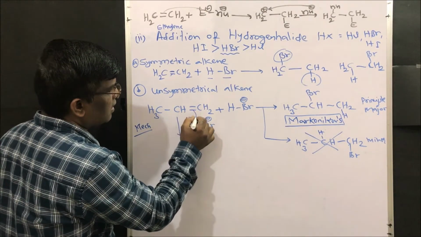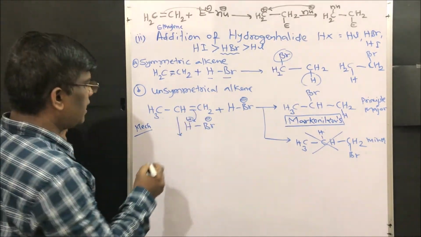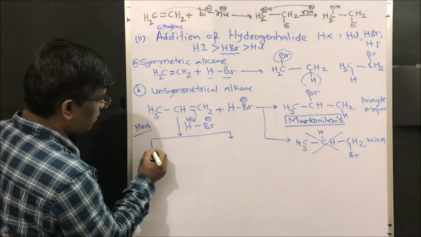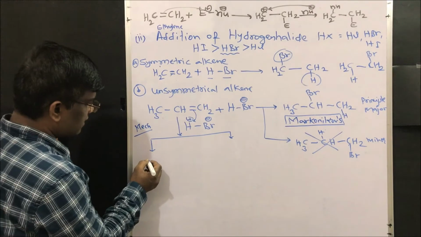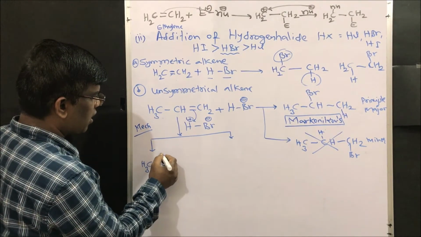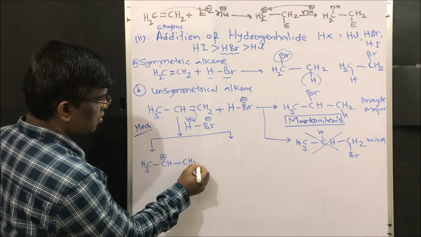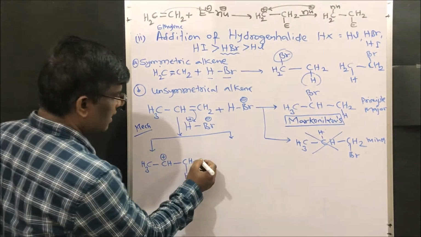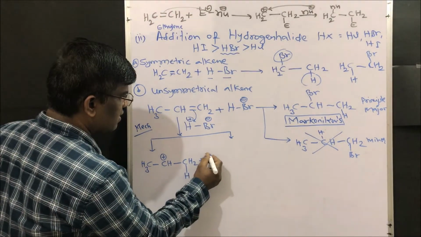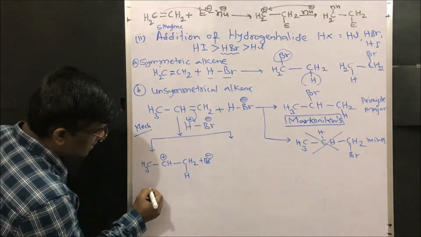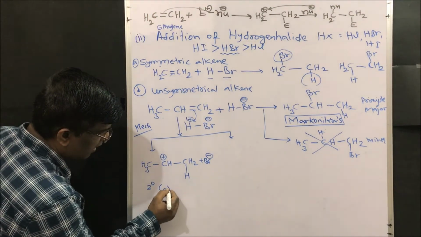So this takes a proton, and it may give two carbocations. Bromine minus will obviously be here. So what is the carbocation here? This is a secondary carbocation.